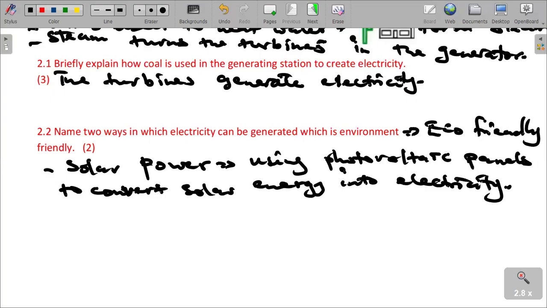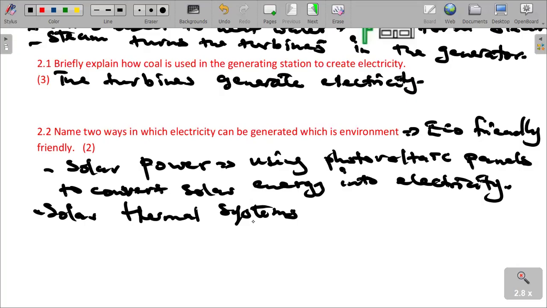And then we can also talk about the solar thermal systems. It is also under solar power, but we can talk about solar thermal systems.